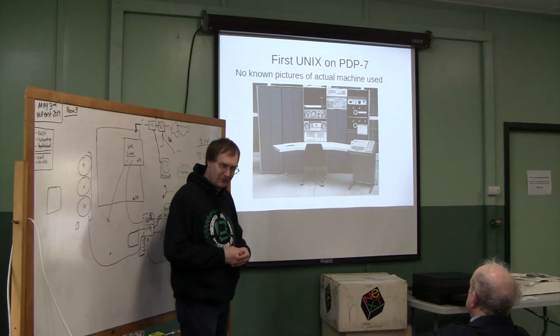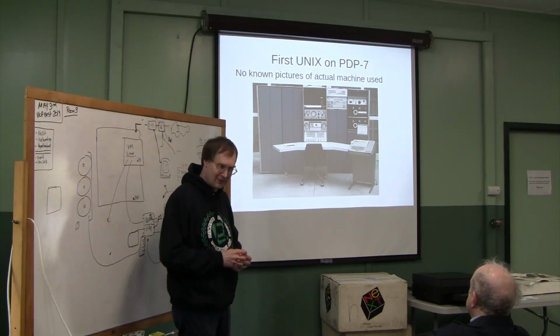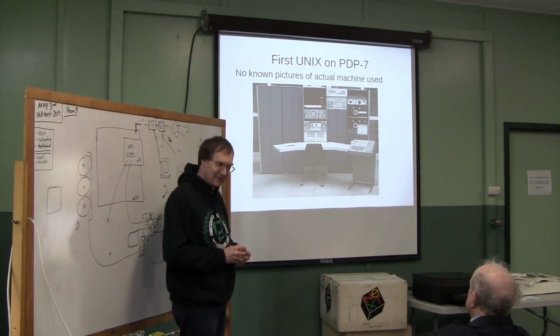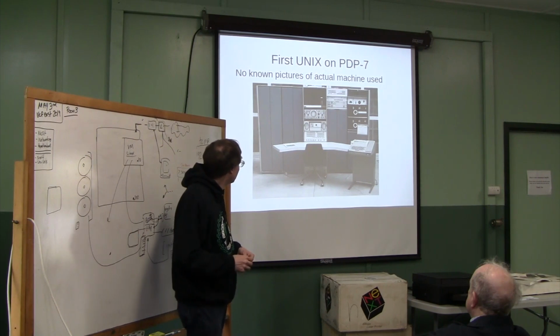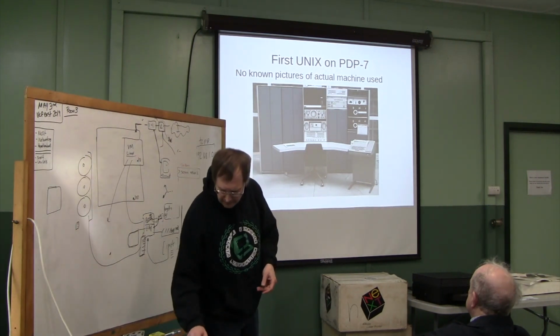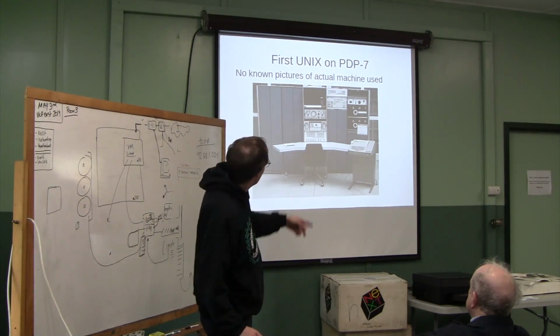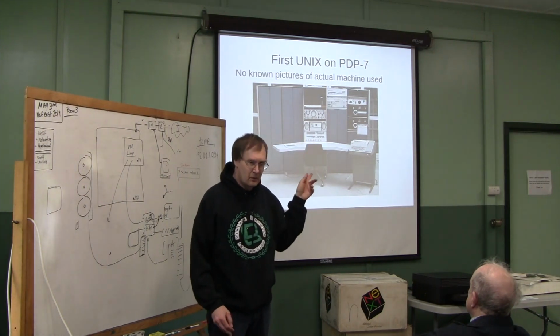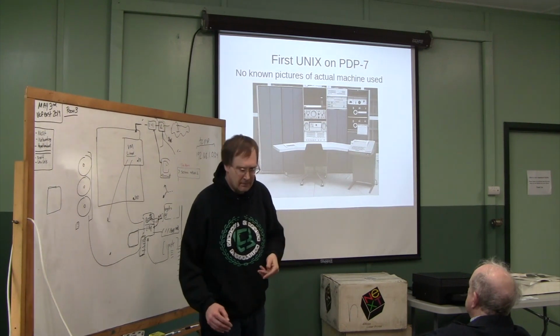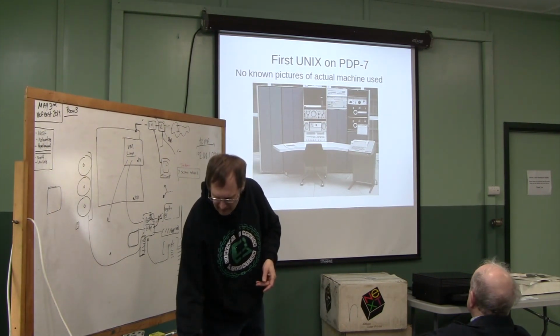They were wanting to see what they could do to have some sort of similar environment on something they could get hold of. This machine does have DECtapes. The Unix does not show any support for the DECtapes, so they may or may not have been present on that machine.